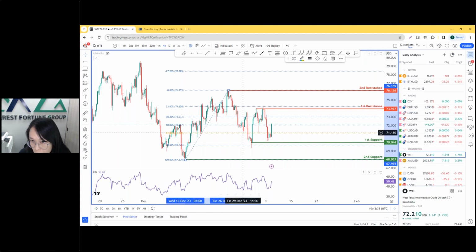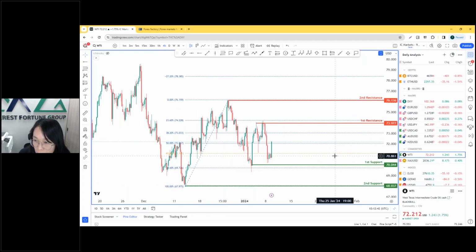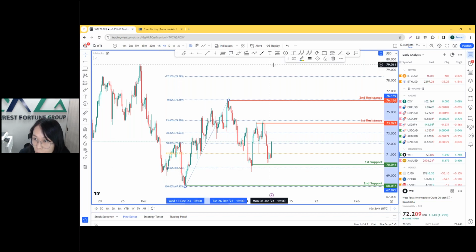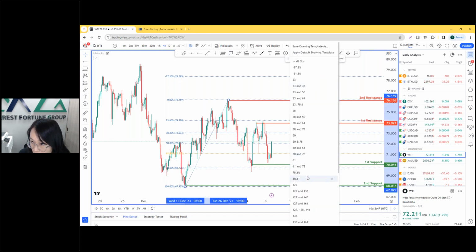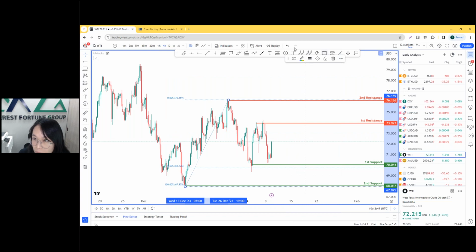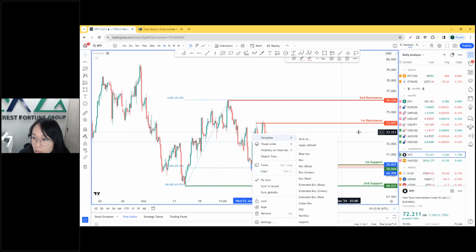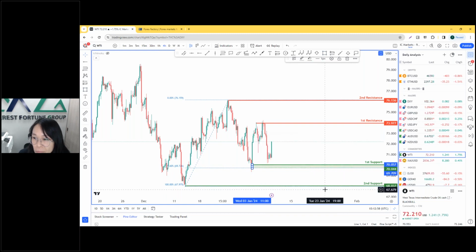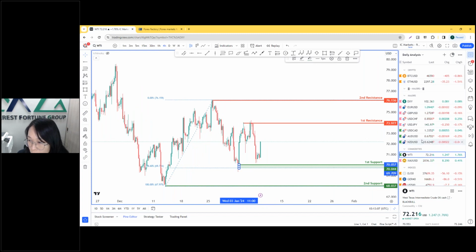Okay, it hasn't been broken through, so we could use the 78.6% Fibonacci retracement. That is aligning closely with our first support. Okay, so this will be for WTI oil.